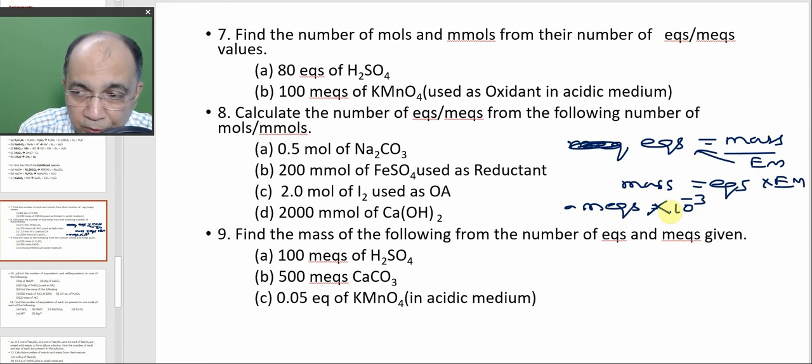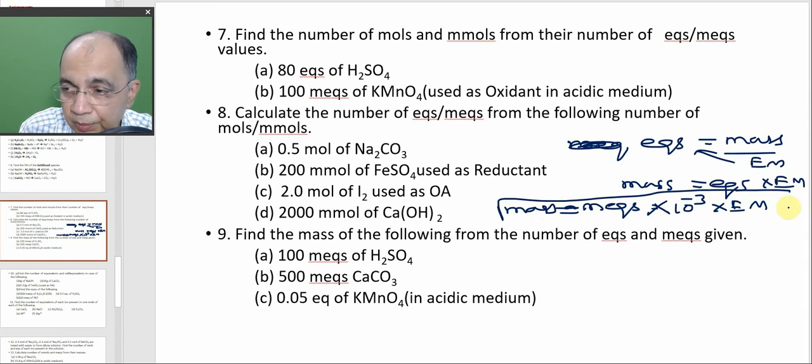So when you multiply by 10 to the power minus 3 or divide by 1000, that will convert the lower unit to the higher unit. It will convert to equivalents, and then multiplied by equivalent mass, that will give you mass.